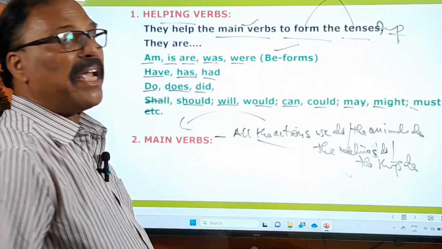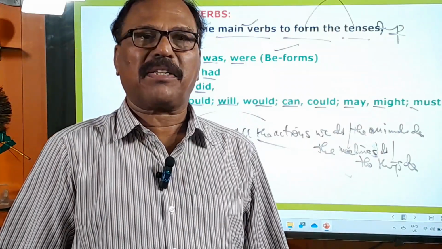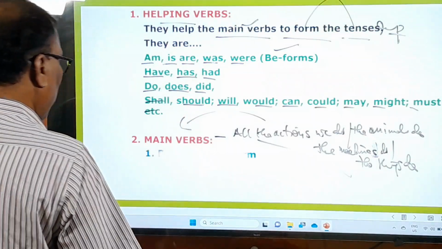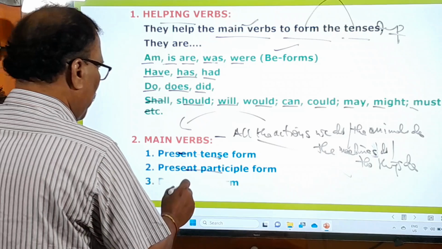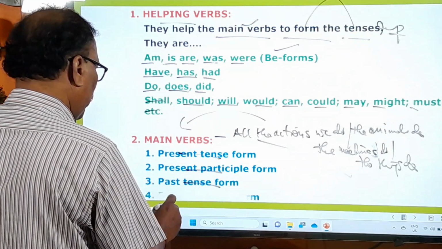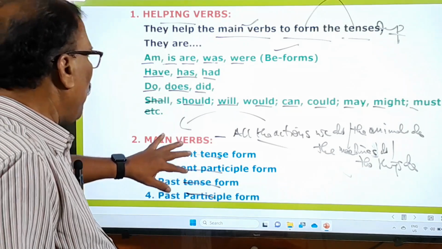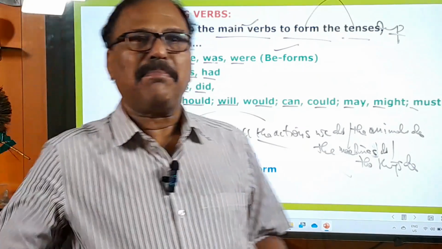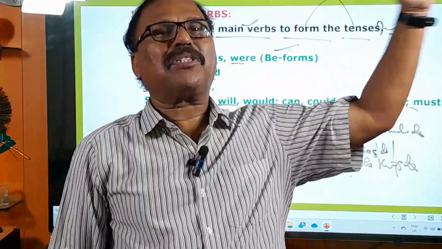Each and every main verb has got 4 forms. This is an important aspect. What are those forms? Present tense form, present participle form, past tense form, past participle form. So in this way, we have 4 forms to each and every verb.